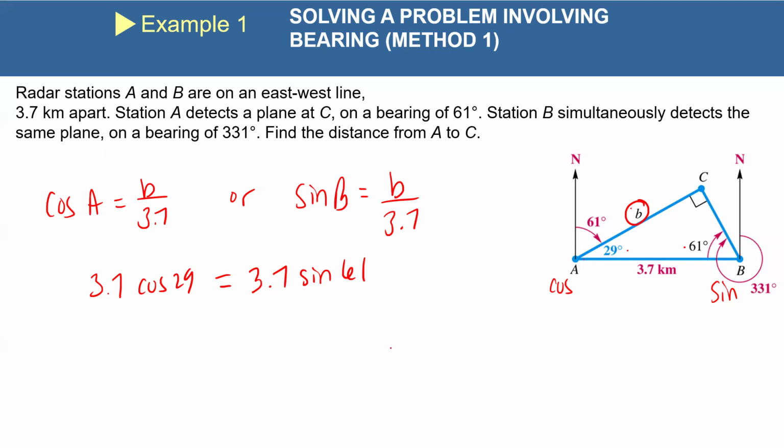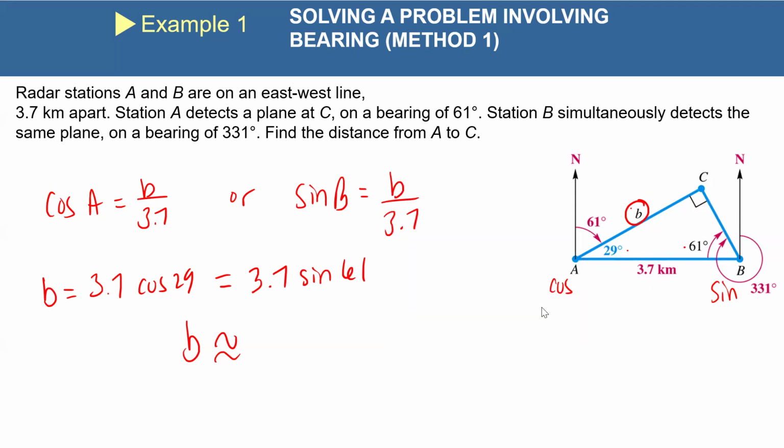So approximately, what is b? What do we get? And why are we doing 3.2? Two sig figs. Good job.